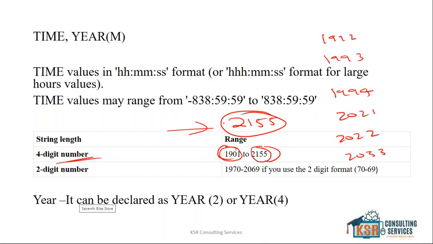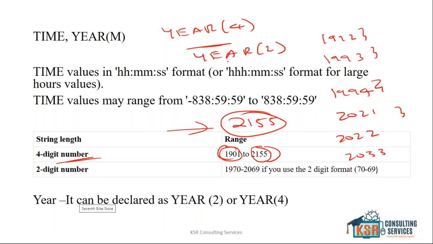This is if you are giving a year of 4 digits. Suppose I give a year of 2 digits, only the last 2 numbers will be stored, and it depends, because it takes only the range from 70 to 69.